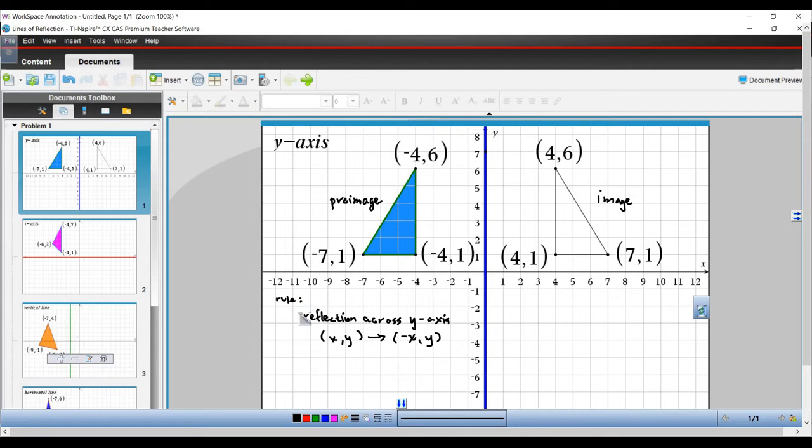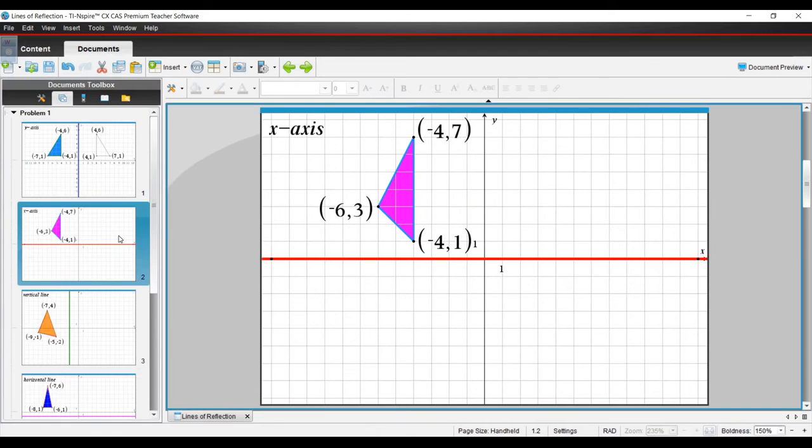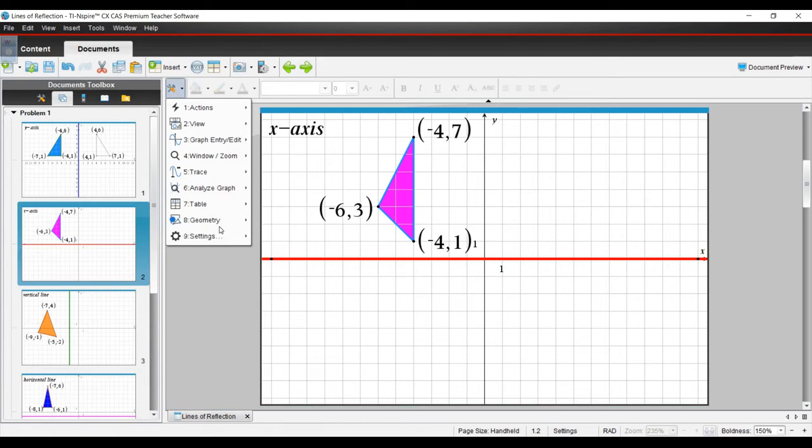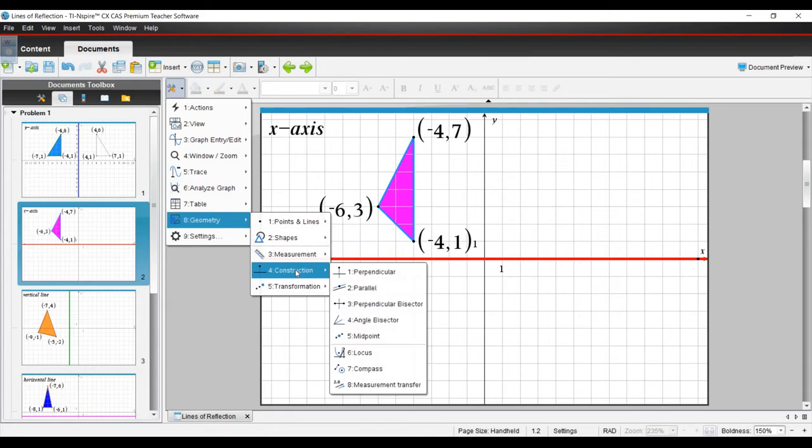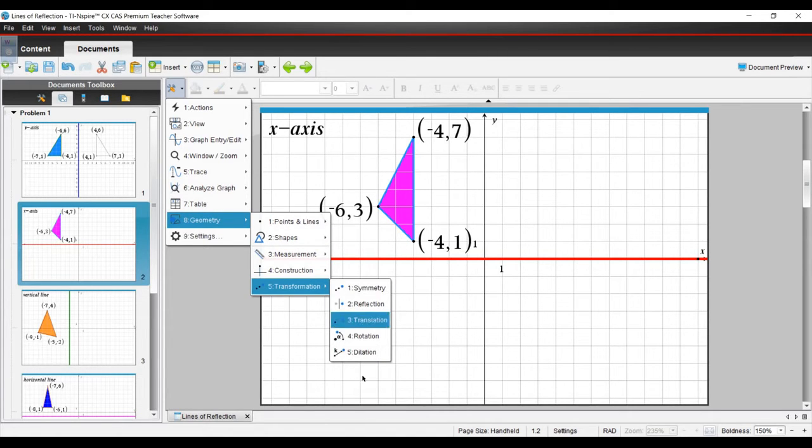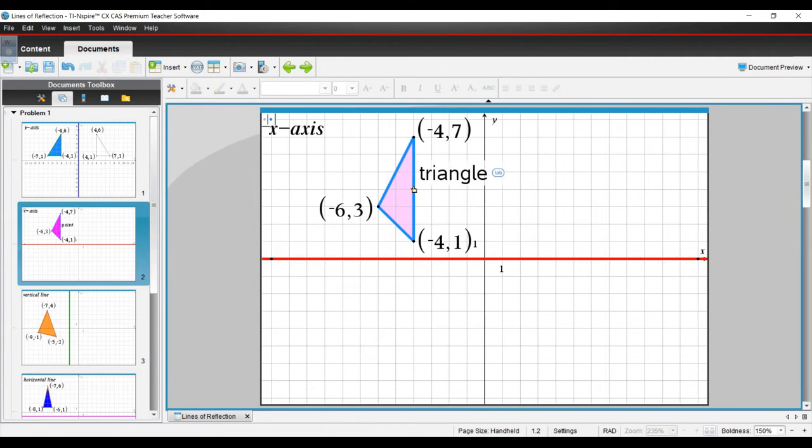So reflection over the y-axis, here is our rule. Okay? All right. So let's take a look then next at a reflection over the x-axis. All right, so here we go. So again, I'm going to go to my menu and tell the Inspire that I would like to do a reflection. And again, we're reflecting the triangle, only this time we're reflecting over the x-axis.